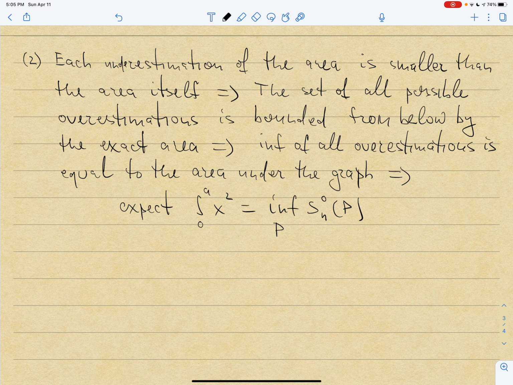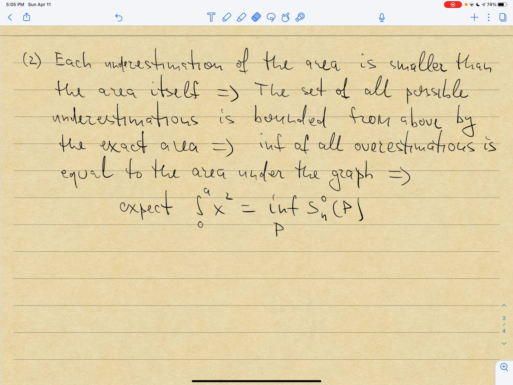And so that means that the set of all possible underestimations is bounded, now not from below, but from above, by the exact area.